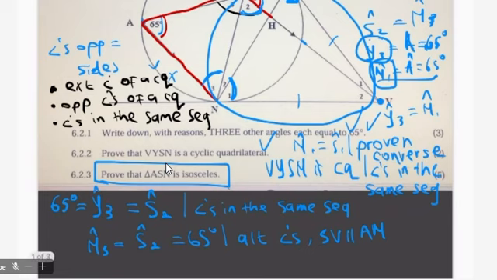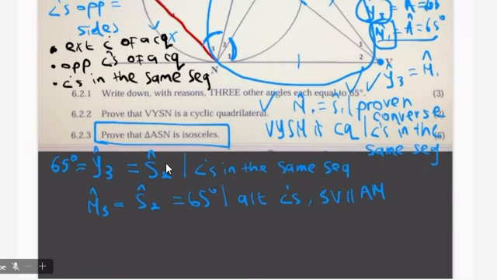Then what else do we write? We can now say A will be equal to N3 because they are both equal to 65 degrees.